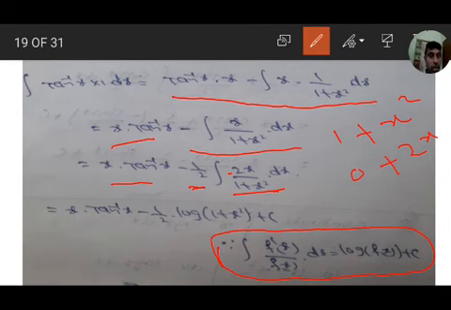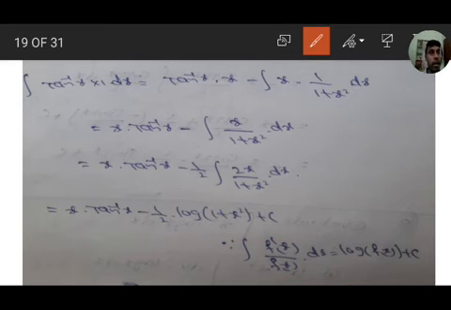So it is log of f of x, meaning log of 1 plus x square plus c. Therefore the answer is x into tan inverse x minus 1 by 2 into log of 1 plus x square plus c. 2x by 1 plus x square is of the form f dash x by f of x plus c. Okay.